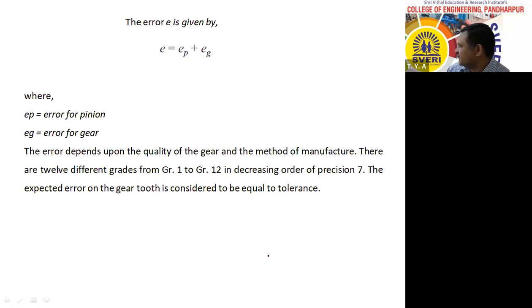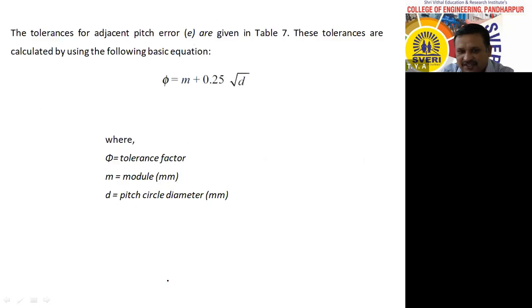That is online. Therefore, the tolerances for adjacent pitch error are given in table 7. These tolerances are calculated by using the following equation. Write down this equation.